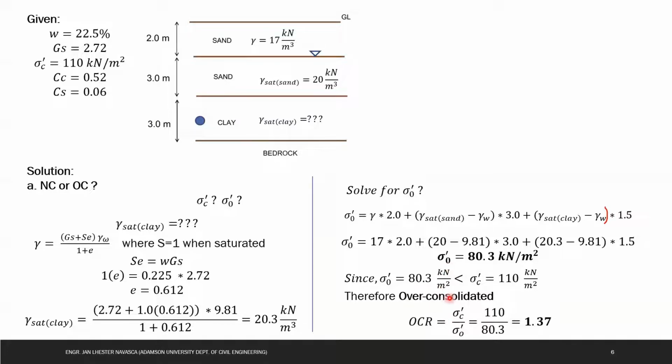The formula for the over consolidation ratio is the ratio of the pre-consolidation pressure over the overburden stress, or the effective stress. So 110 divided by 80.3, we have an OCR, or over consolidation ratio, of 1.37. So therefore, this is our answer for problem A.